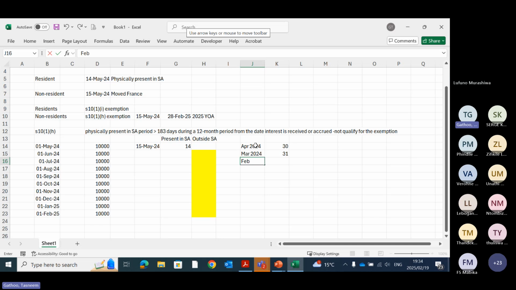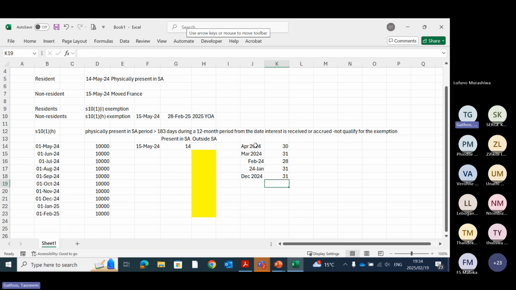Then Feb 2024, she was here for 28 days. January 2024, she was here for 31 days. December 2024, she was here for 31 days.